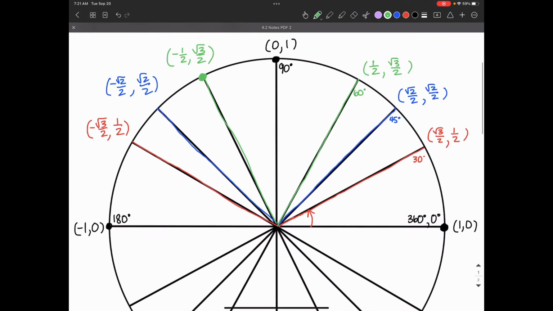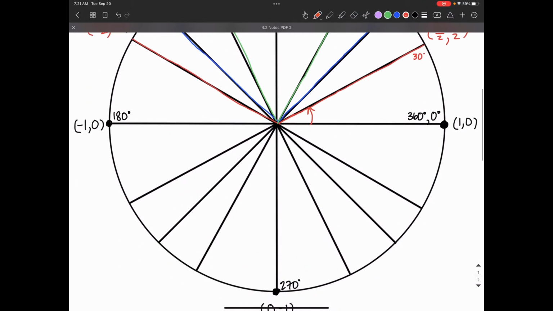So going to quadrant 3, I know this angle here is going to form a 30-degree angle, because I'm only talking about the 30, 45, and 60-degree angles from the x-axis. So this is 30 degrees from the x-axis.